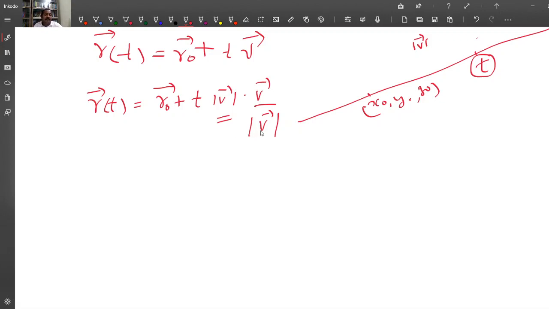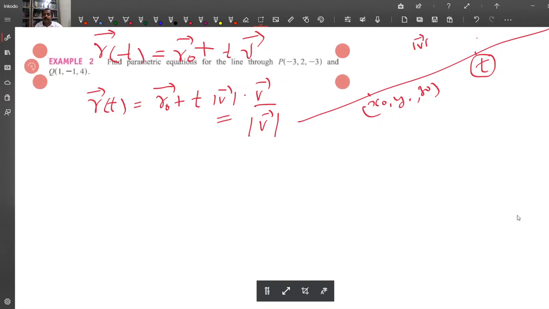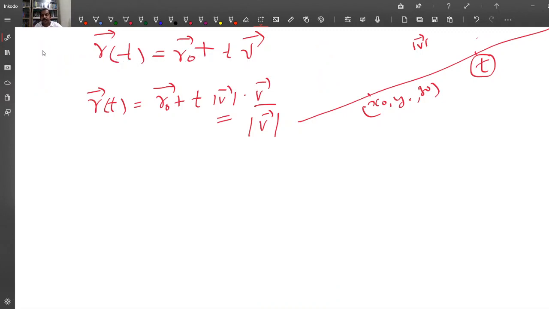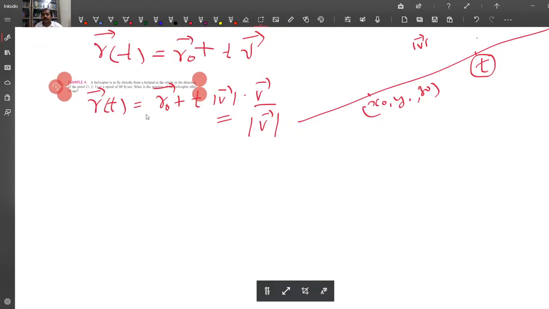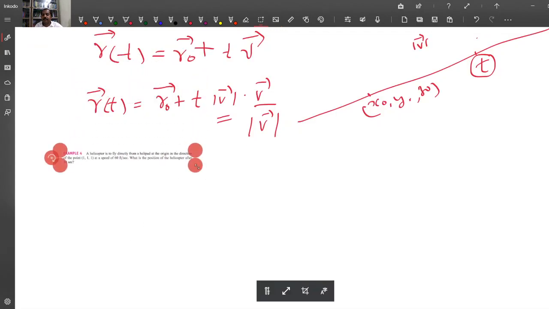So you consider an example. This is a problem in your text.